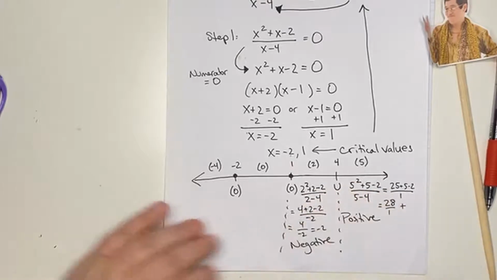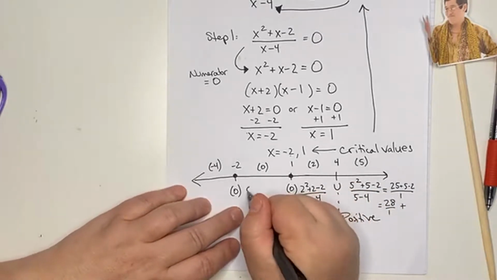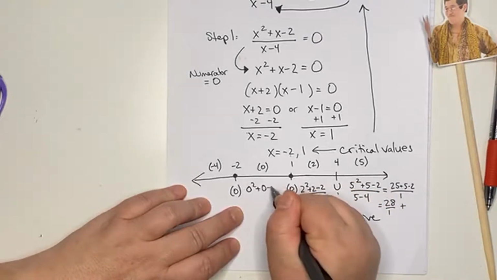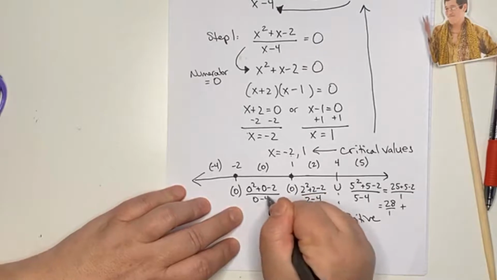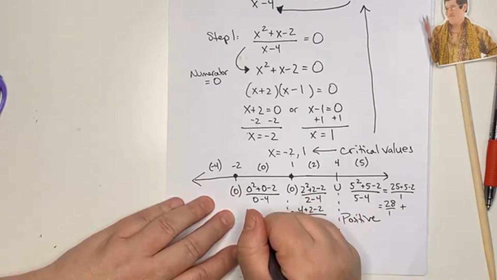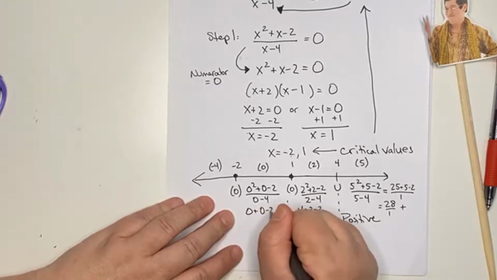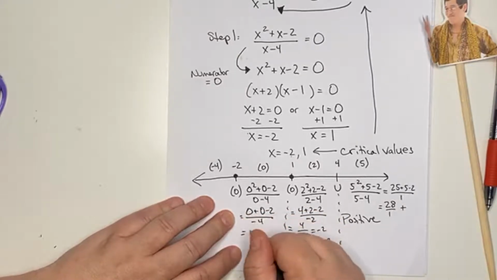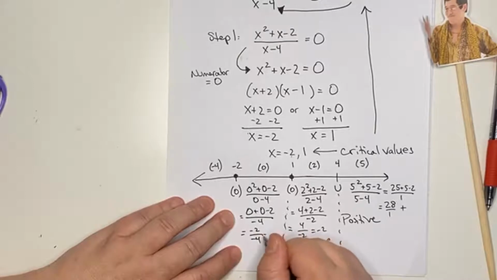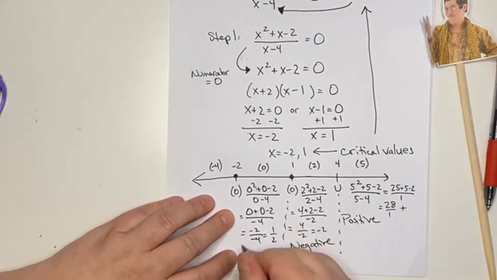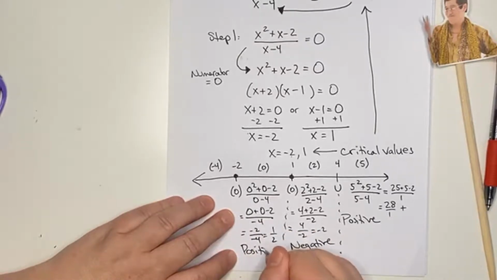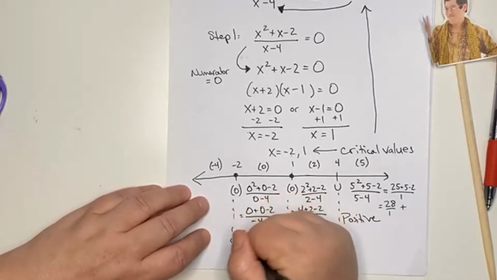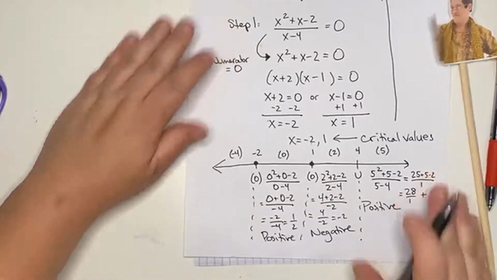Okay. 0. 0 squared plus 0 minus 2 all over 0 minus 4. 0 plus 0 minus 2 all over negative 4. That's negative 2 over negative 4. That's positive 1/2. Ooh, that's positive. Okay, and the last one.